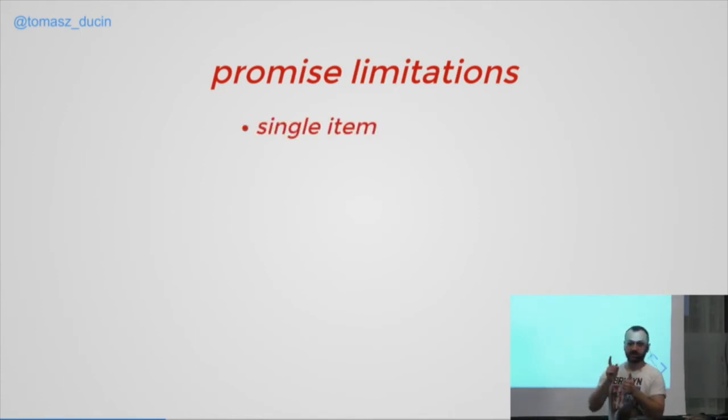A promise represents only a single item. So if I wanted to represent multiple items, like multiple AJAX calls or just multiple operations, I could wrap them in an object or in an array, but in the next step, in the next callback of the promise chain, I would have to unpack it, right?